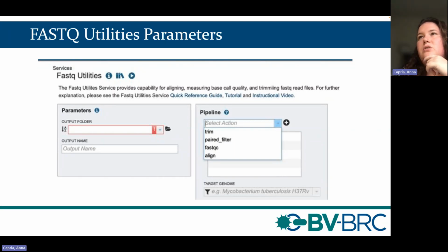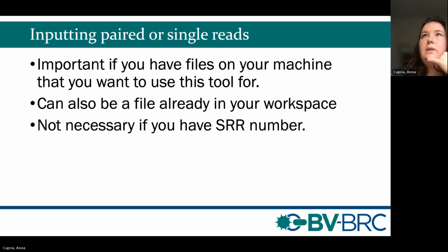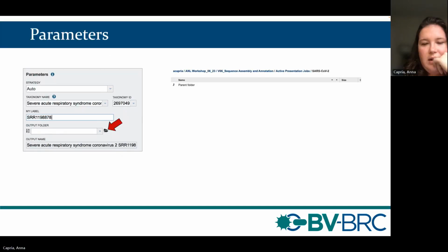Just wanted to show you the FASTQ utilities service quickly. When you're thinking about inputting paired or single reads, it's important that you have those files on your machine that you want to use for this tool, or already have them in your workspace, but it wouldn't be necessary if you had an SRA number. Just had these slides to show you how to do it, but I will show you once we go through the tool.